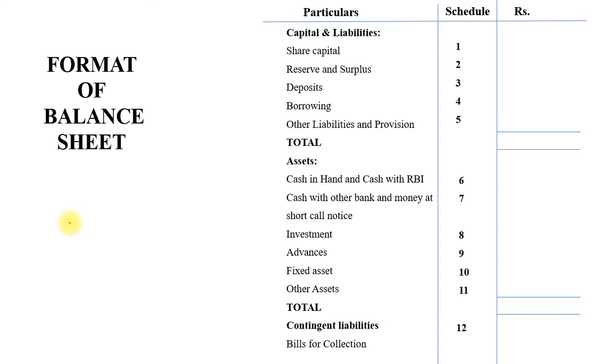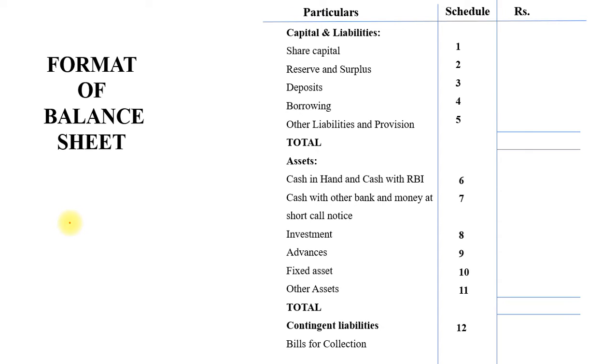Okay. Cash in hand, that is cash in hand and cash with RBI. Then you have cash with other bank, money at call notice. Investment, if the bank has made some investment, it can be investment in gold, in shares, in any of those. Advances, if the bank has given loans, advances, bill discounting.